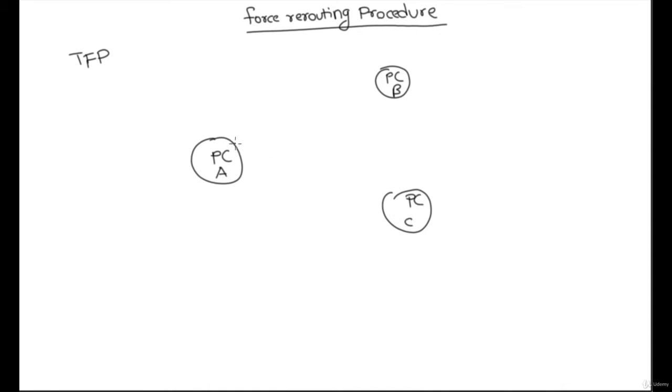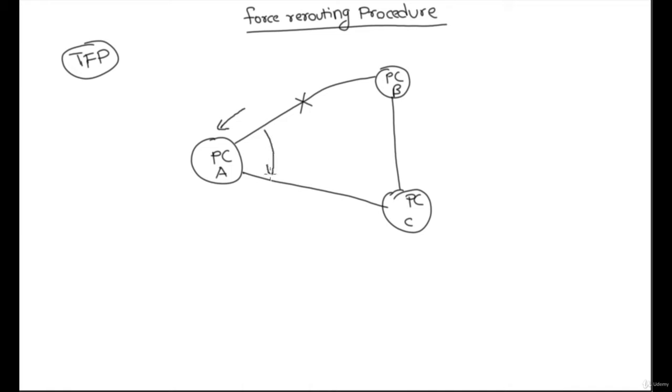There is a link between A and B, B and C, and A and C. If the AB link goes out of service, then this transfer prohibited message is received, let's say at point code A. This TFP message results in a changeover from this link to this link.